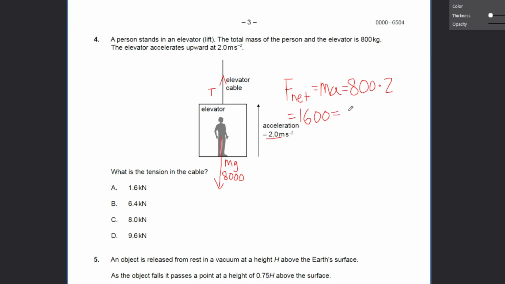And we can say that that is equal to T minus 8,000. Because this 1600 is our resultant force. So add 8,000 to each side, and we get T is equal to 9,600 newtons. And the answers are all in kilonewtons. So the answer that is correct is D.